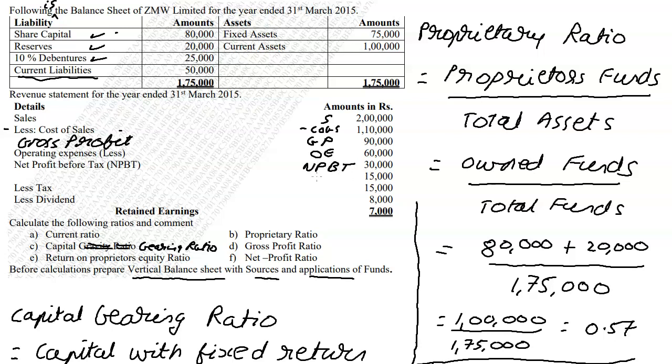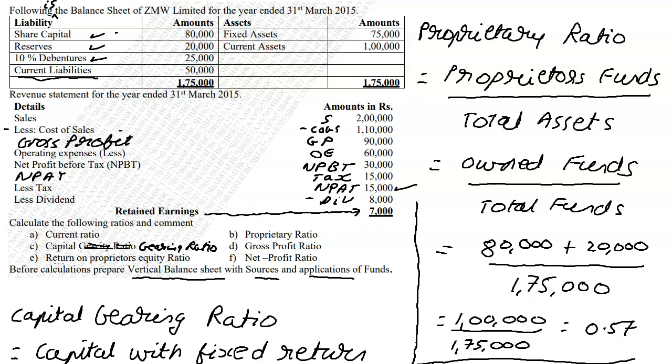After which you can subtract tax, and you get net profit after tax, which is 15,000. These guys have forgotten to write it over here. Then your dividend, minus the dividend is 8,000, and then you end up with retained earnings. Now, if there was preference dividend to be subtracted from net profit after tax, we could have done that and got ourselves earnings available. Since there's nothing, it is zero. That means our net profit after tax is the same thing as earnings available to equity shareholders.